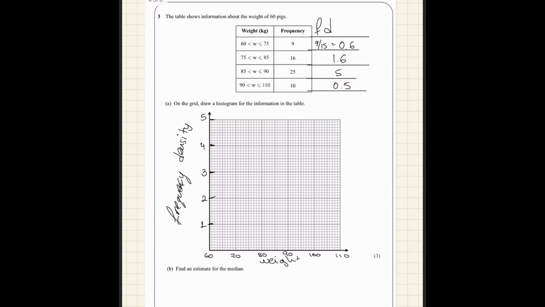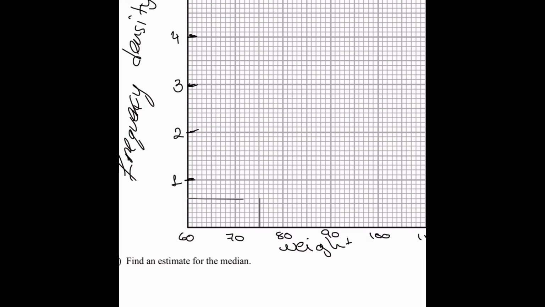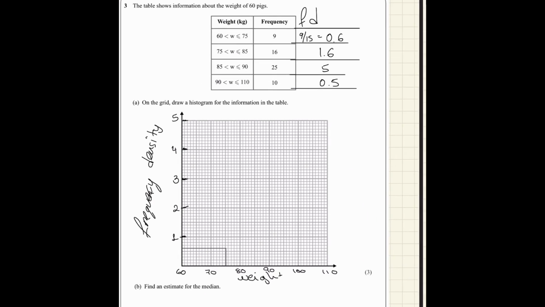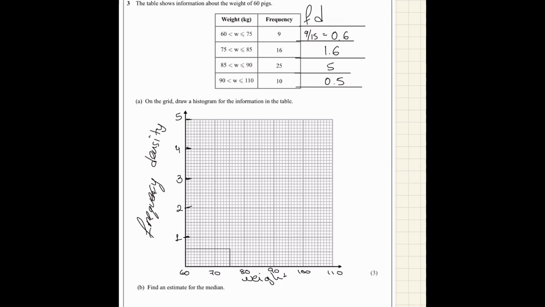And let's use this. So between 60 to 75, it goes all the way up to 0.6. Next one, 75 to 85, it goes to 1.6.